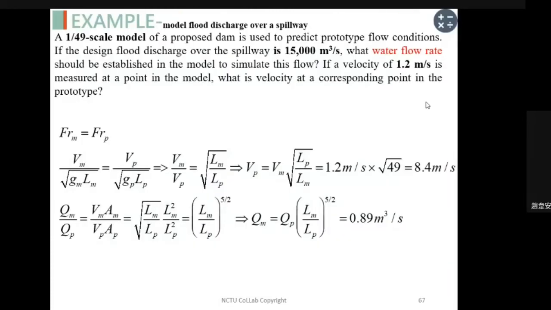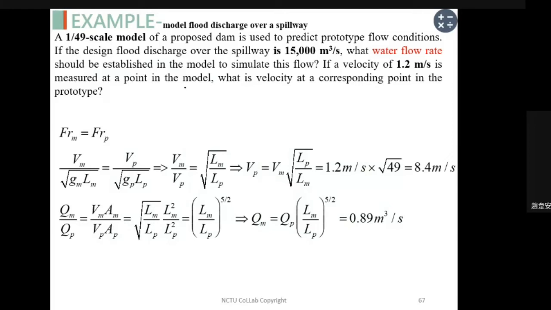For this kind of problem, assume we conduct a 49 to 1 scale model, and the proposed model is used to predict the prototype flow conditions. If the design fluid discharge over the spillway is 15,000 cubic meters per second, what water flow rate should be established in the model to simulate this flow?